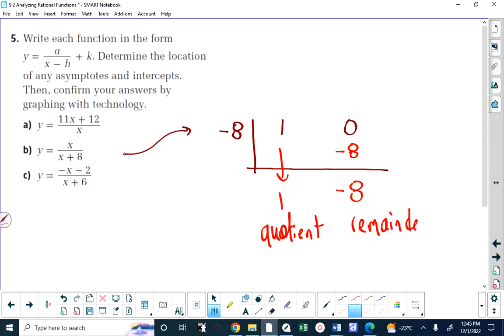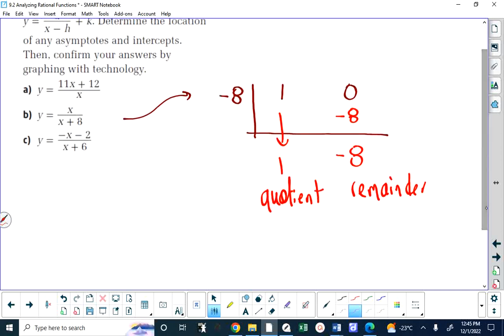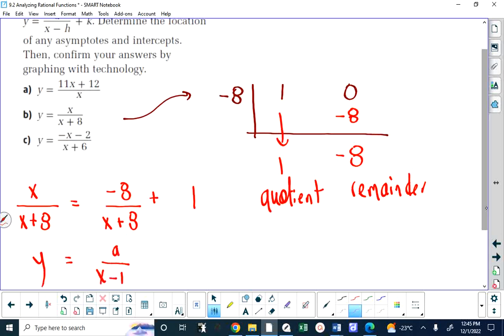The only way this becomes remotely useful is if you understand that what that means in terms of the division algorithm is that this is equal to the quotient of 1 plus the remainder over the divisor. I realized that I want to put the remainder over the divisor first, because then I can compare things to y equals a over x minus h plus k.